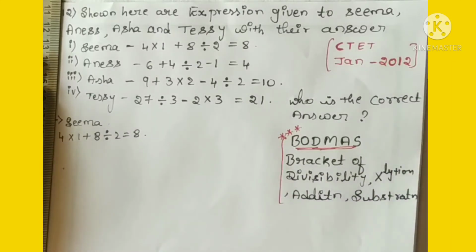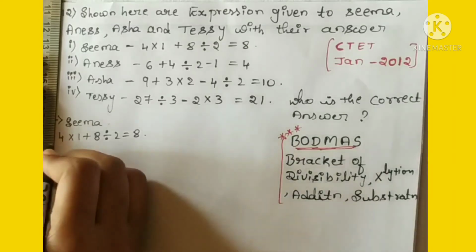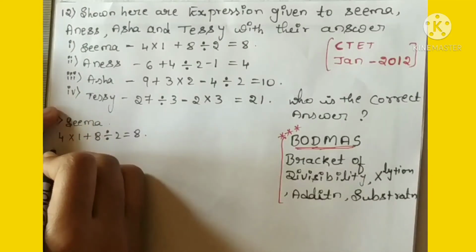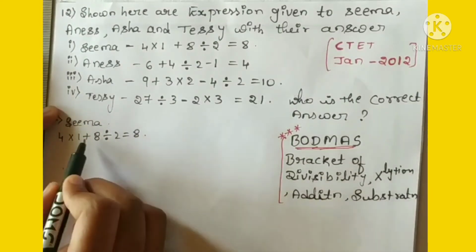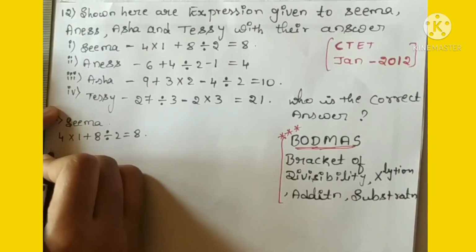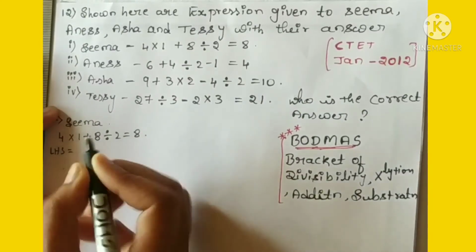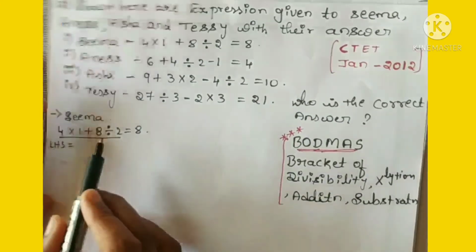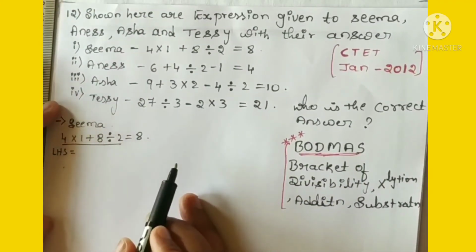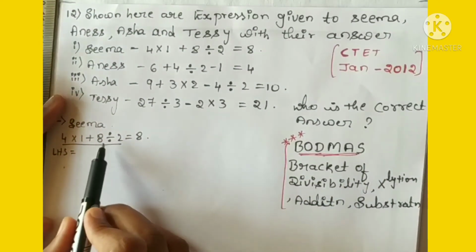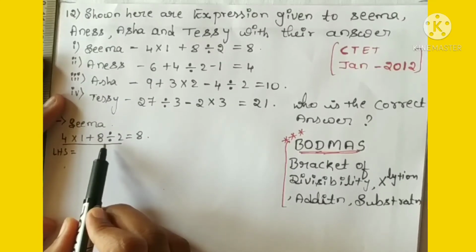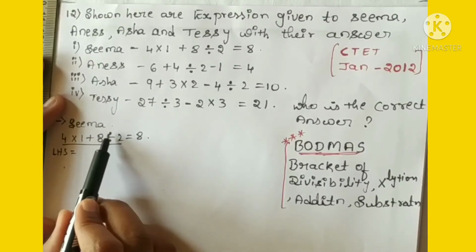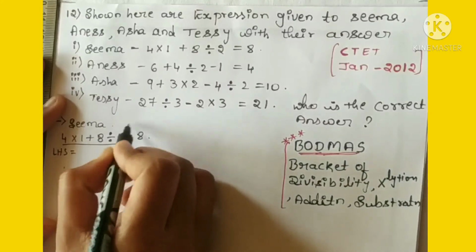Here we have to check whether this LHS is equal to RHS. So I just consider LHS. Here I want to first solve the division, that is 8 divided by 2. 2 fours are 8, so 4.